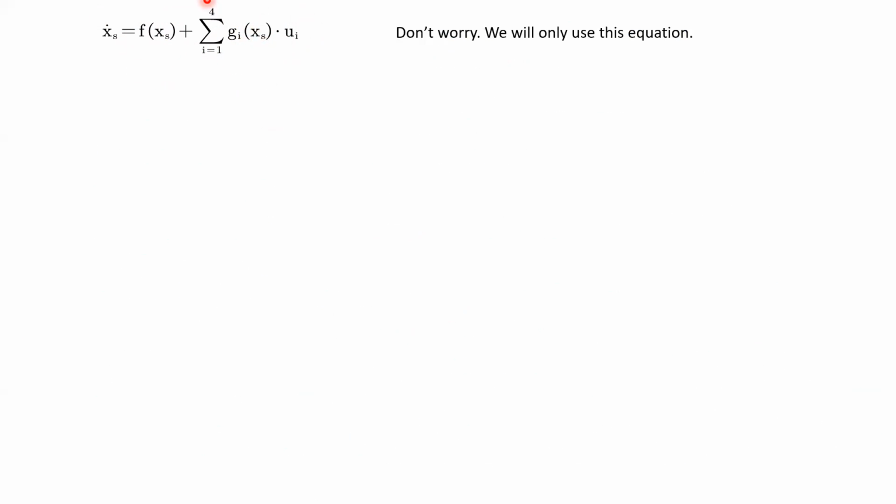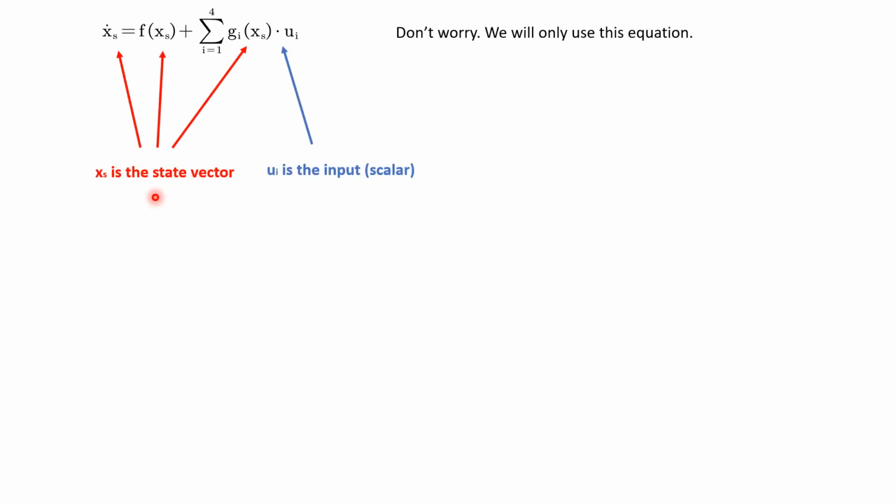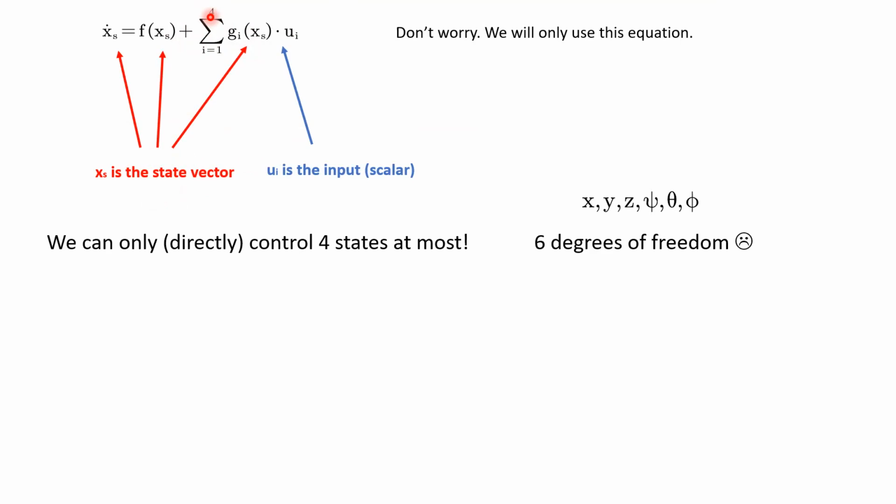So what you need to remember is that x is the state vector, and u_i is the input. There are 4 inputs, u1, u2, u3, u4. So we can only control 4 states at most, but we have 6 degrees of freedom.